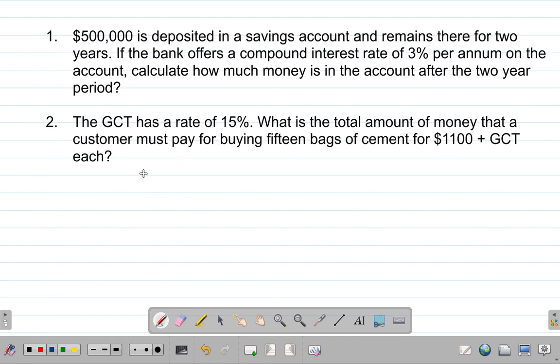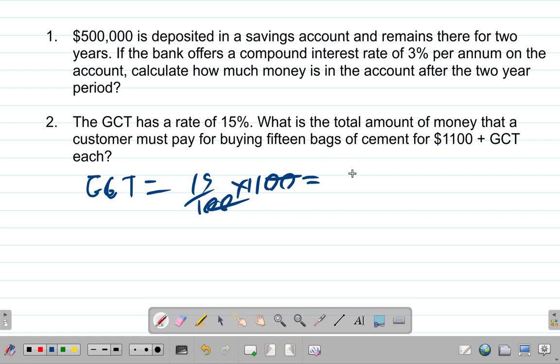Suppose I calculate the GCT on one because I want to know exactly how much each is. The GCT is equal to 15% of $1,100. It's going to be 15 by 11. 15 by 10 is 150. 15 by 1 is 15.